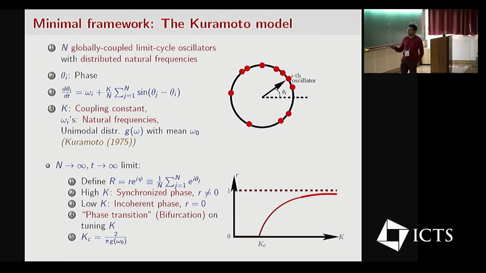So here is the order parameter. The order parameter just gives an idea of the fraction of the oscillator phases that are synchronized. When I plot this order parameter as a function of the coupling strength K, where K is the coupling here, you see that there is a transition from an incoherent to a synchronized phase across a critical coupling Kc that can be derived exactly, and it has this particular form.